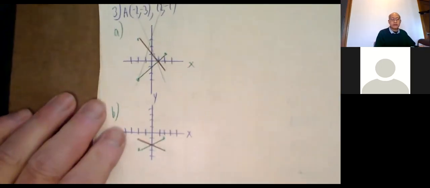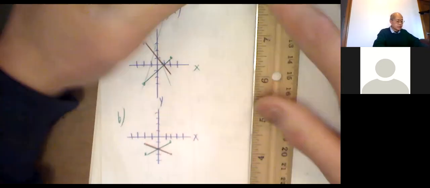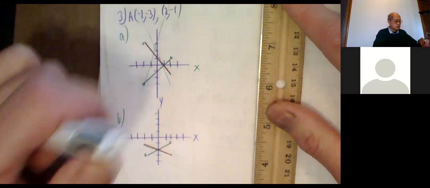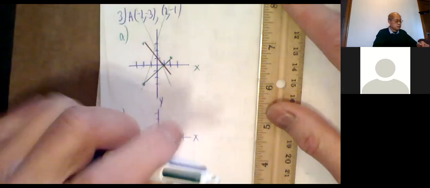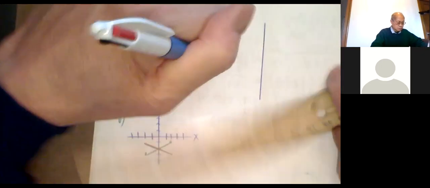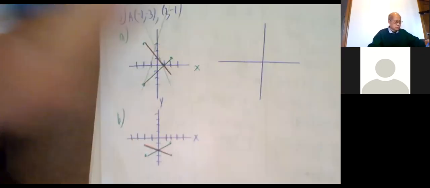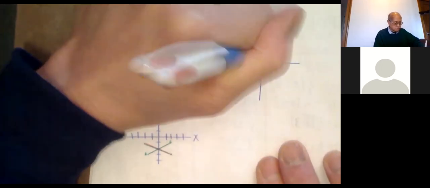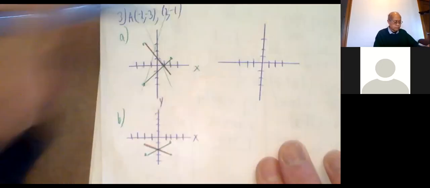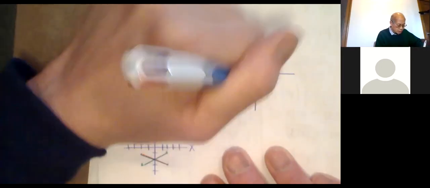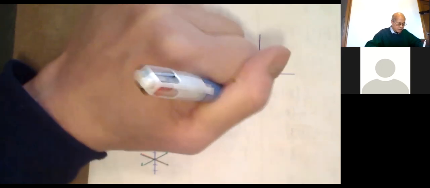Okay, let me go back and fix A. Actually, it's going to be much easier. The graph is going to be much easier, turns out. Let's see, it's supposed to be negative 2, negative 3, and 2, negative 1. Negative 2, negative 3, 2, negative 1 is like that.